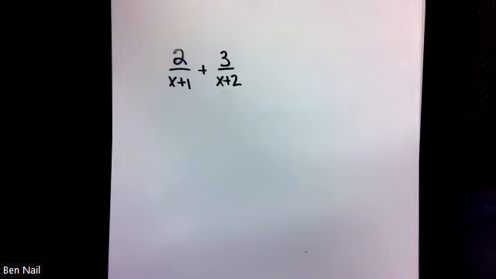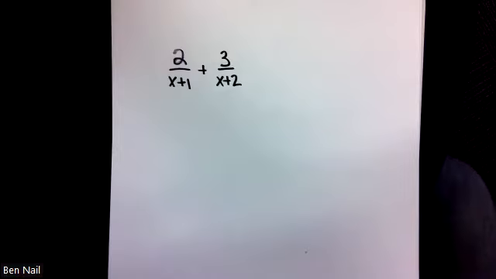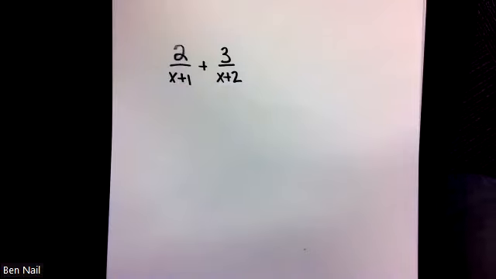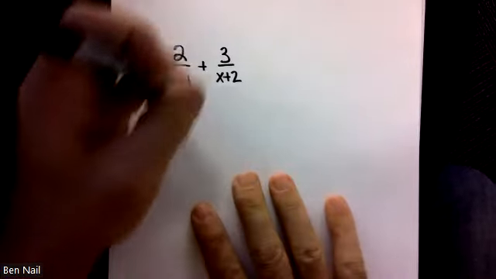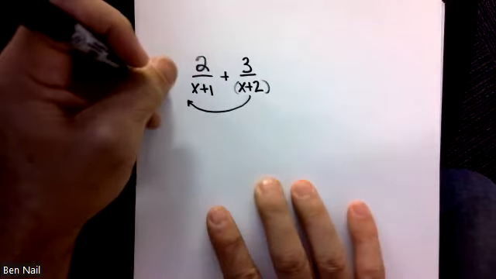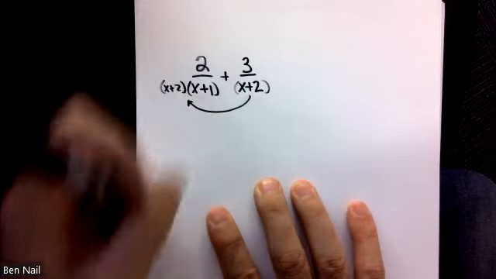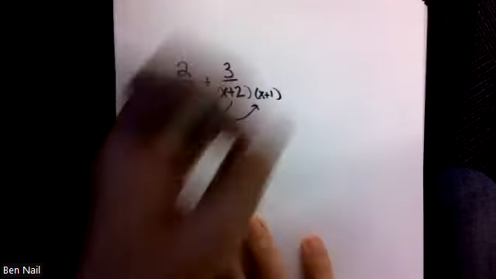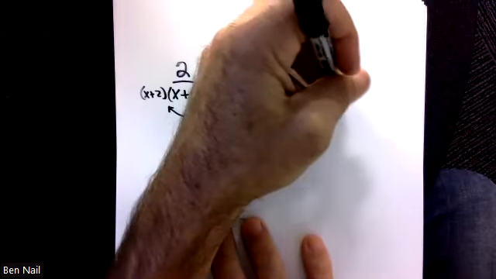Okay, so if they gave us something like this, 2 over x plus 1 plus 3 over x plus 2, we can't add these together because we don't have a common denominator, at least not yet. So what we need to do is we need to multiply this over here. And we need to multiply this one over here.